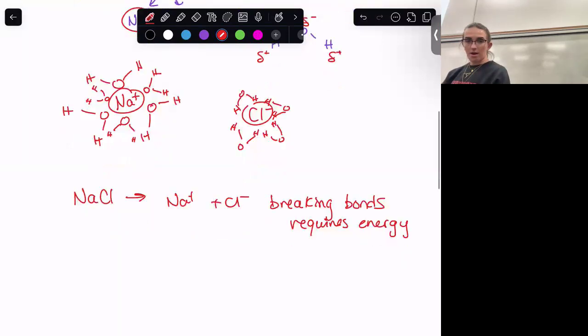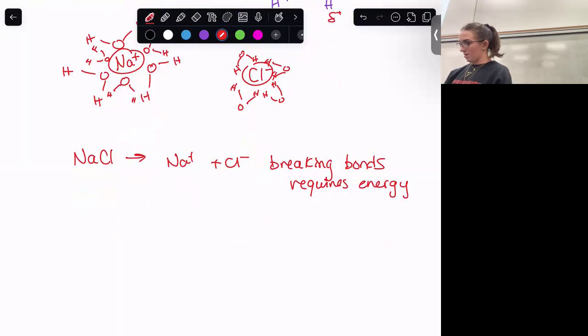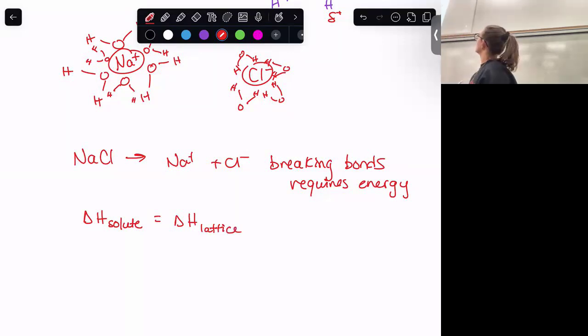So this means that the delta H of the solute is going to be equal to the delta H of the lattice. That's going to be the same. But what does that mean for delta H? Is that positive or negative? It is positive. This will always be positive.